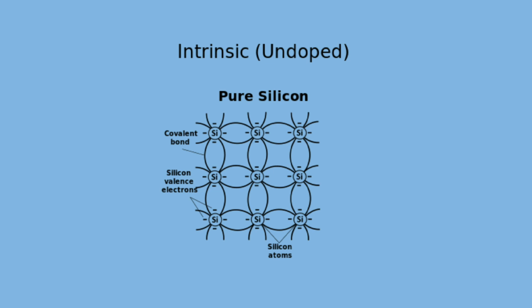The neighborhood from which the free electron with charge minus q has come out leaves a vacancy with an effective charge plus q. This vacancy with the effective positive electronic charge is called a hole.